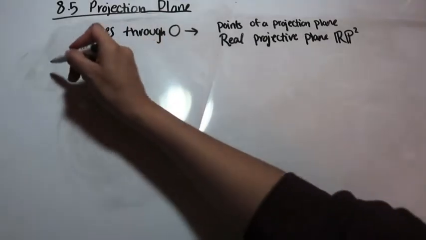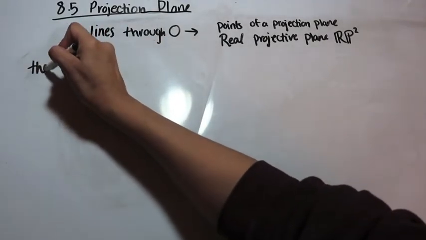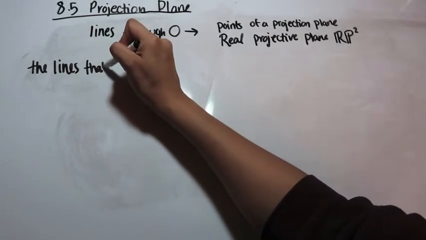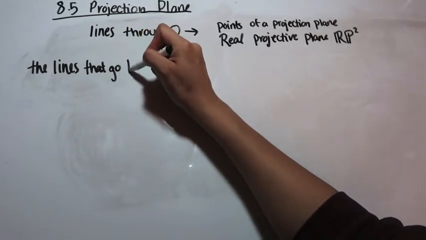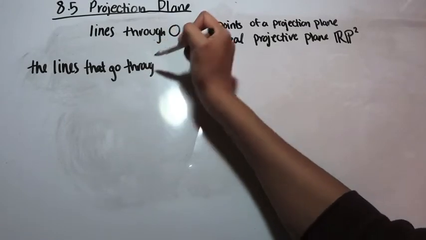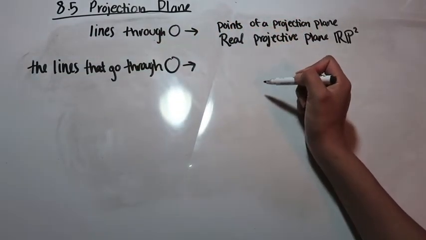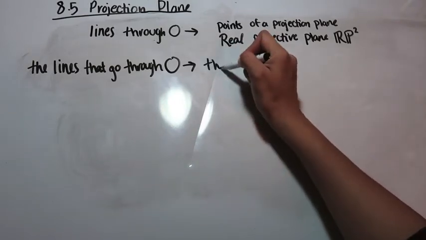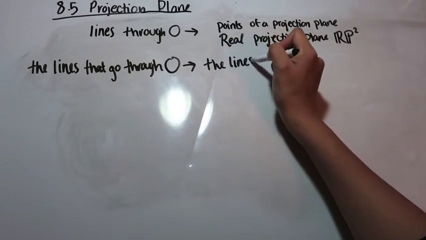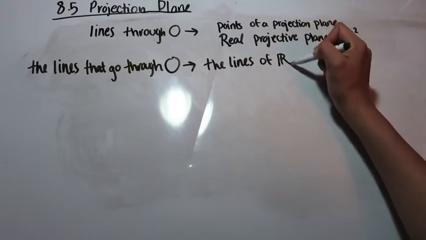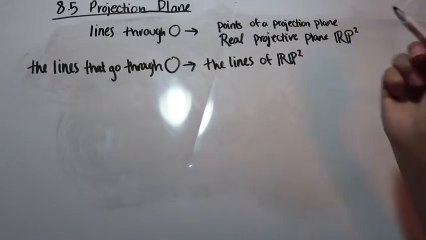And the lines that go through O, those are defined as the lines of RP2.